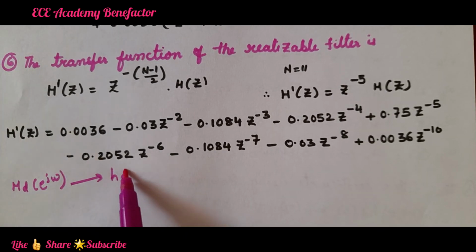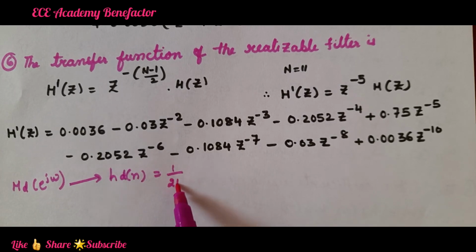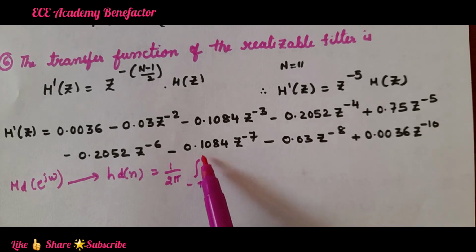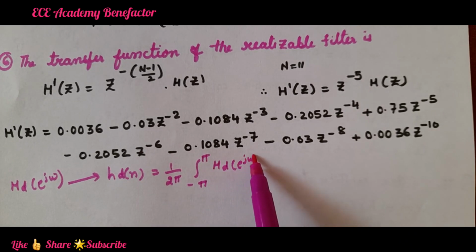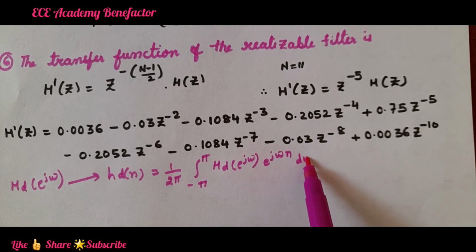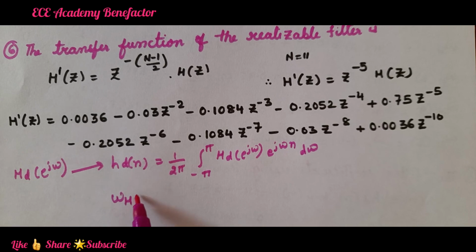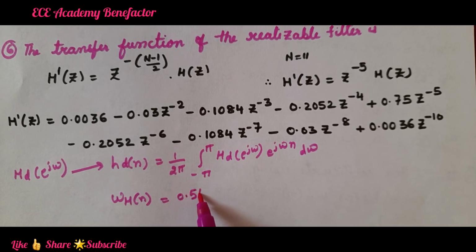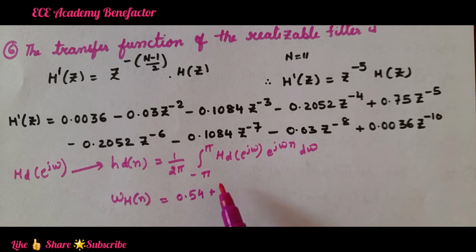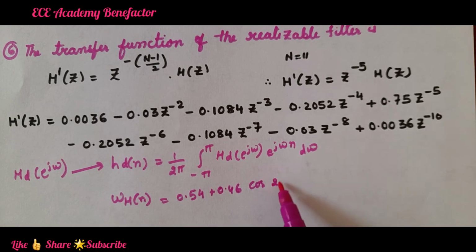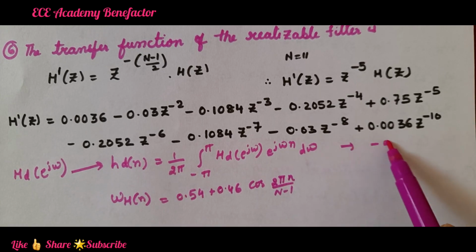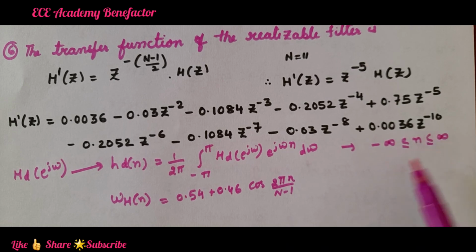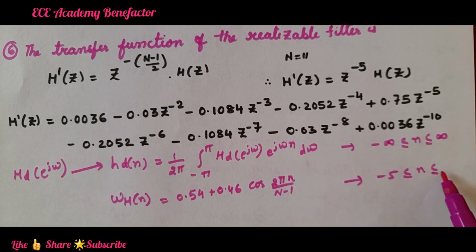First we computed Hd of n by the help of the formula 1 by 2 pi integral minus pi to pi Hd of e to the power j omega e to the power j omega n d omega, and then written the Hamming window definition Wh of n as 0.54 plus 0.46 cos of 2 pi n by N minus 1, and then this is an infinite nature, this filter coefficients, and this is finite ranging between minus 5 to 5.